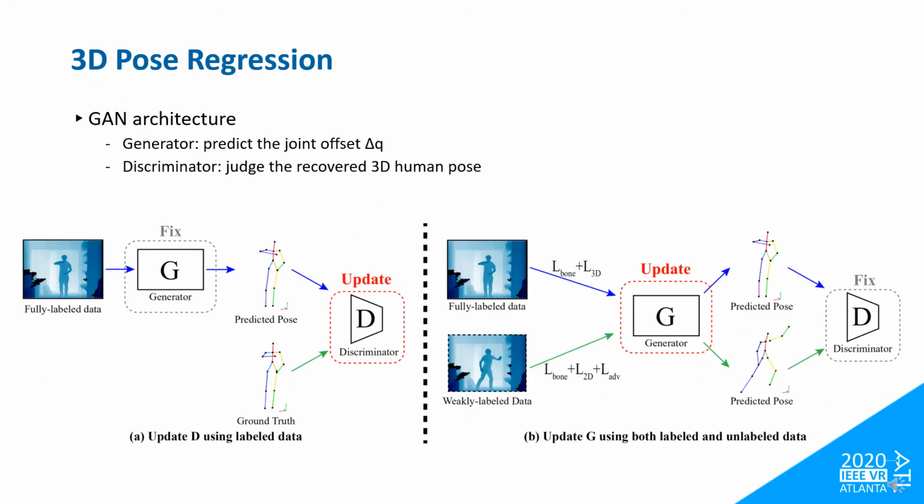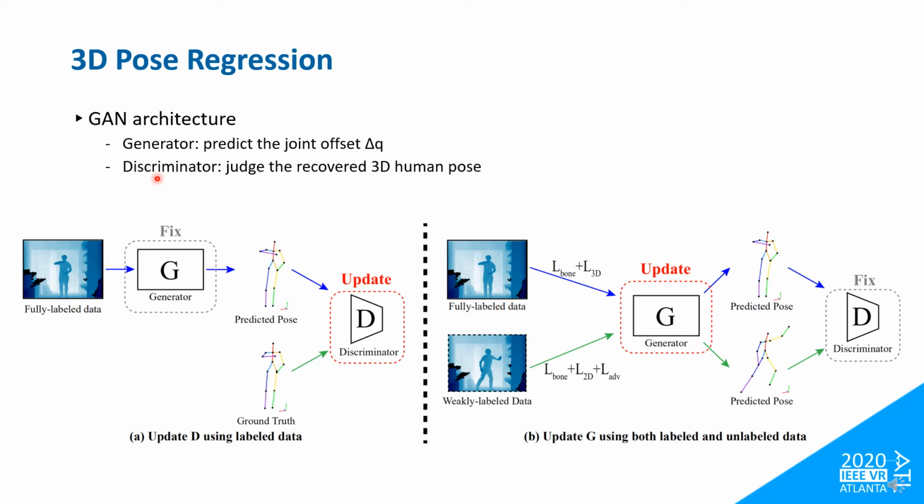The 3D pose regression module aims to predict the 3D human pose through the 2D human pose and the sampled point clouds. We first obtain the initial pose by back-projecting the estimated 2D pose into 3D space and setting the depth of each joint to our estimated depth of the root joint. Then we estimate the joint offset delta Q to the initial pose.